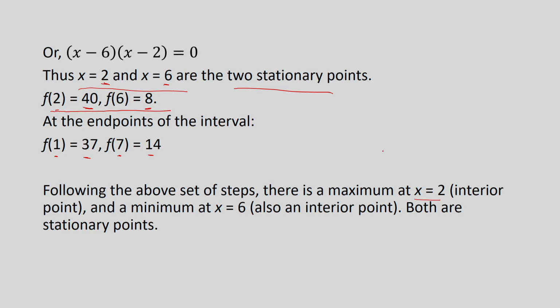So, here is how it looks. You have 1 and you have 7. This is the interval over which the function is defined, and here you have 2 and here you have 6. At 6 the value of the function is 8, which is the minimum of all these f values, right. So, here is the minimum point and here is the maximum point.